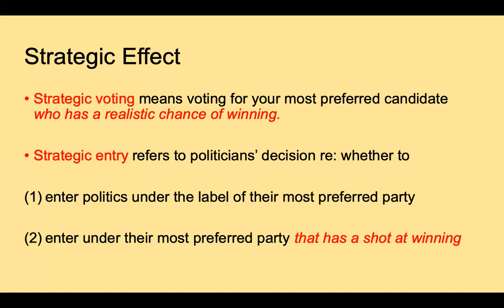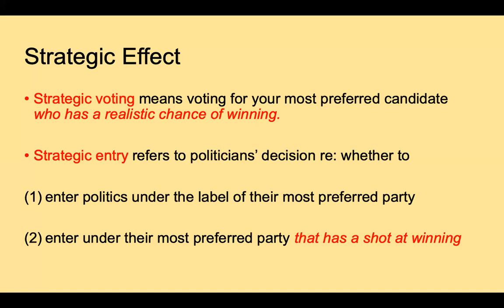When you have a single member district, only one candidate wins. Everyone else is eliminated, regardless of how many votes they win. That means that politicians know that if they don't run with a major party, they're unlikely to win. So they have a choice.